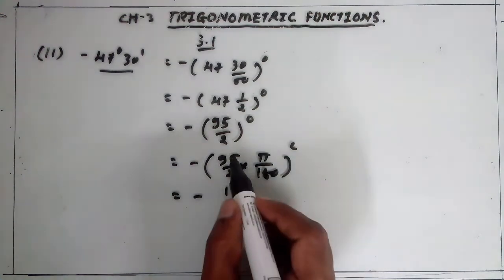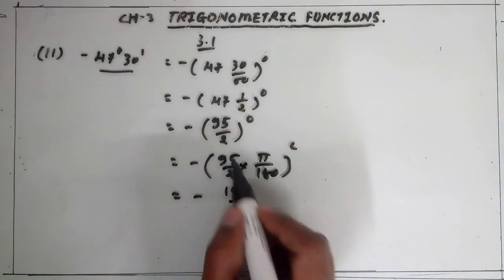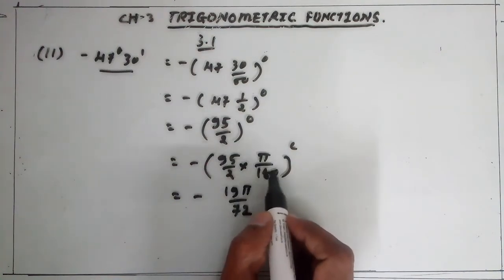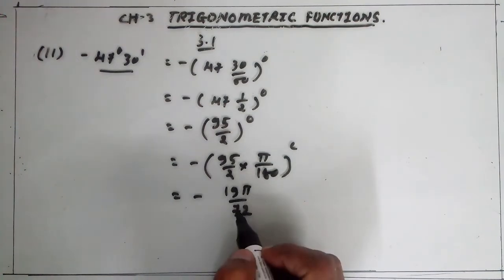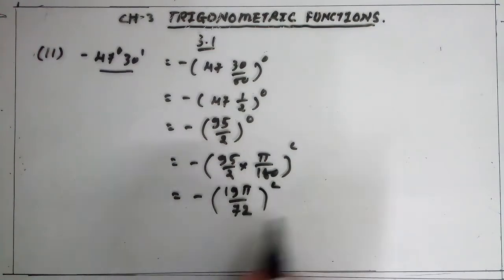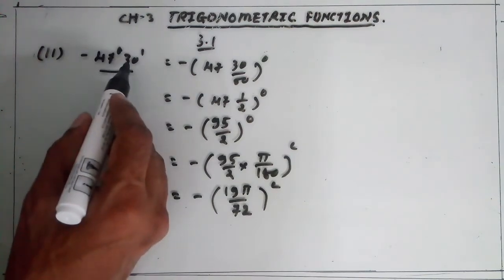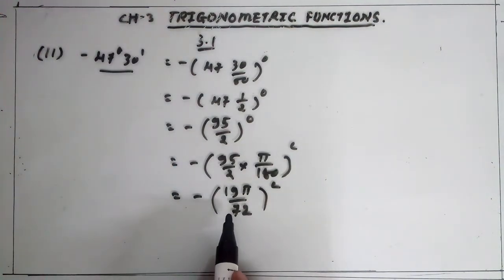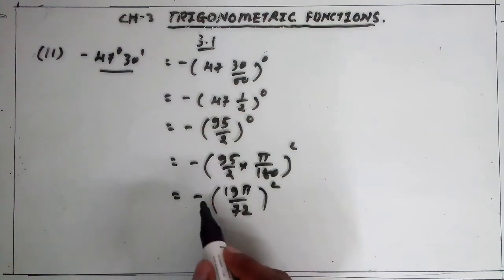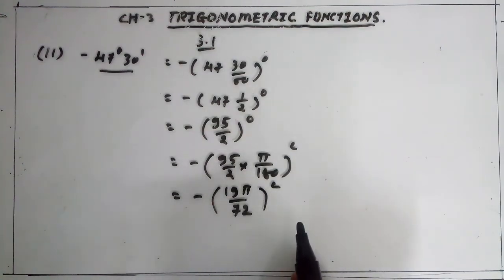Clear? Dividing by 5 to this 95, we get 19. Here 180 divided by 5, we get 36. 36 into 2 becomes 72. This is the radian measure. So minus 47 degree 30 minutes is equal to, changed into radian form, minus 19 pi upon 72 radian.